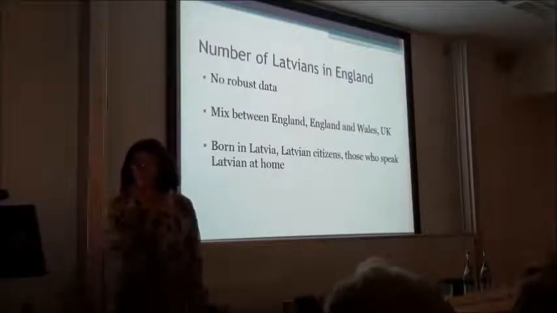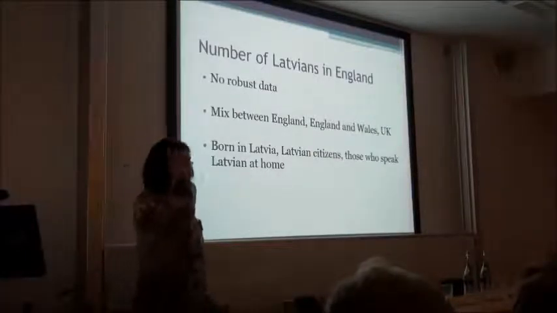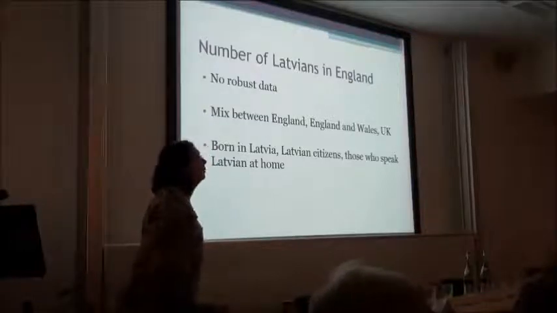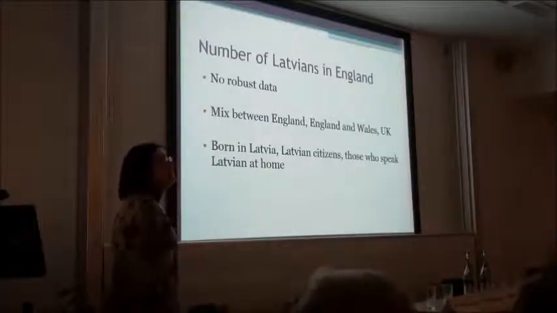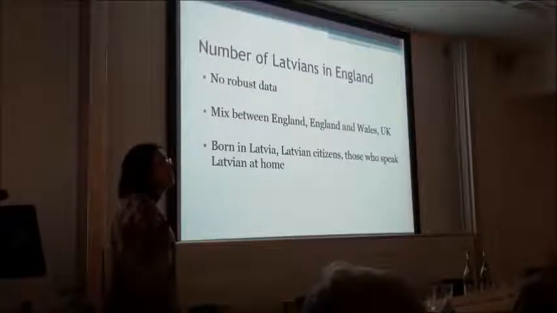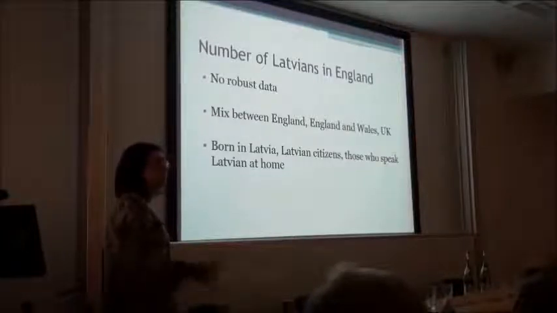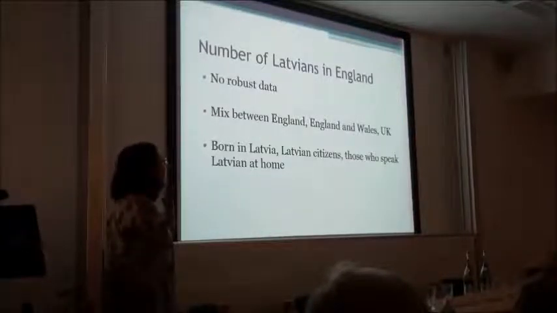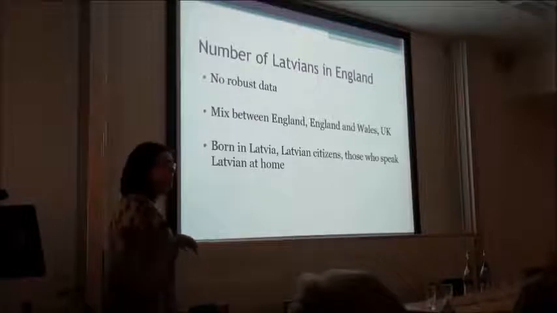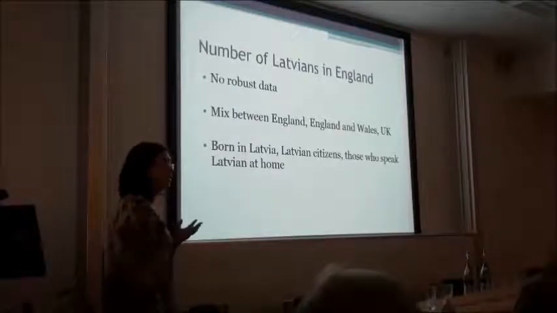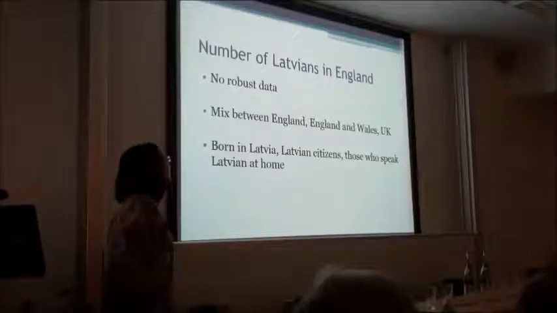If we look at any sort of statistical data, any data on migration, it's very difficult because you have so many different things going on. Within the EU, things are even more complicated because nobody really counts who is getting in and out, as those borders are quite open. So there is no robust data.